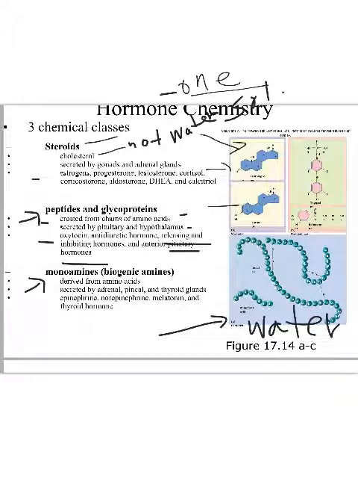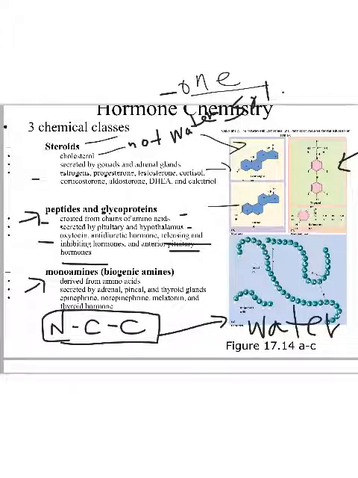The third type are called monoamines or biogenic amines, and they come from amino acids, so they're much simpler compounds. They just have one or two rings. If you remember, amino acids have the NCC, that's what you're looking for.